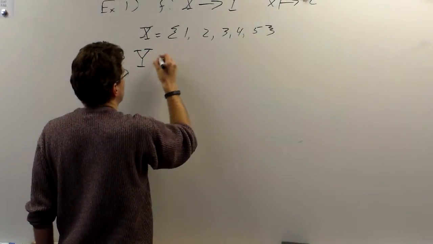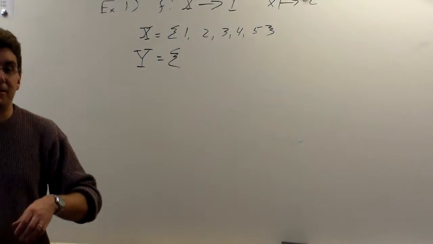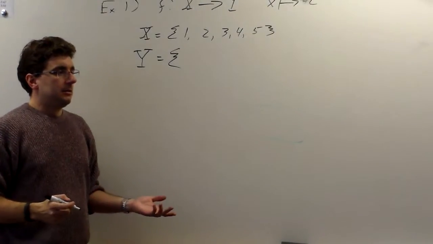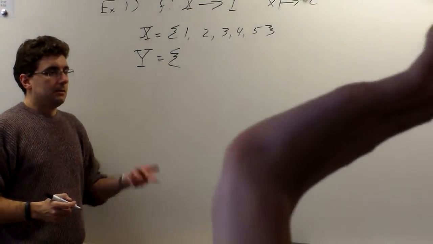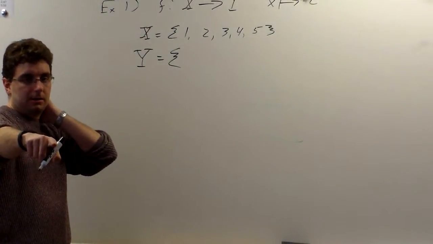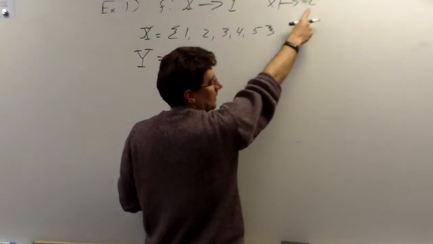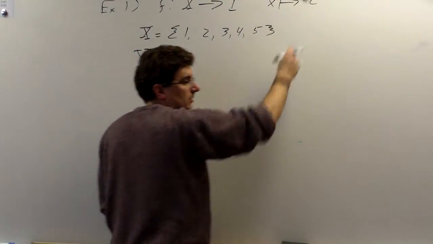What does y equal? And we've done this same equation 15 times now. Ryan, x does what? 2 to the x. Okay, so each of these elements is mapping to 2 to the x.